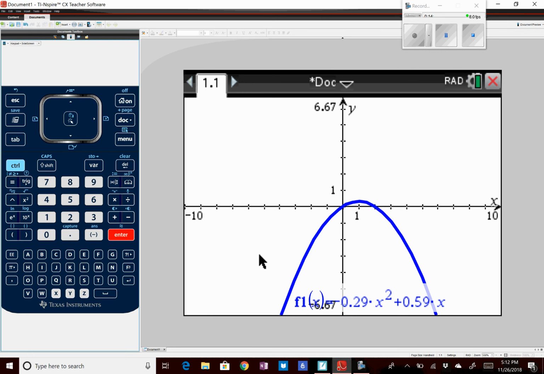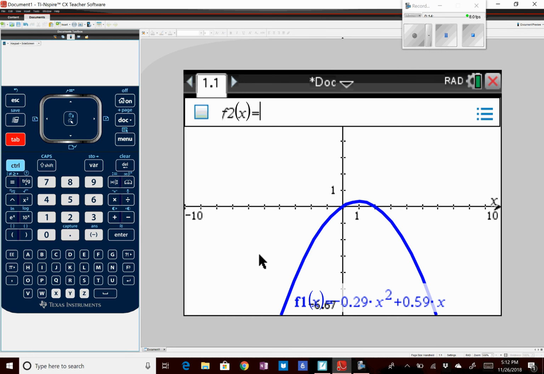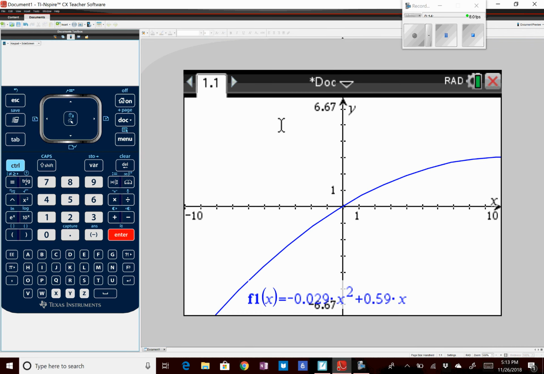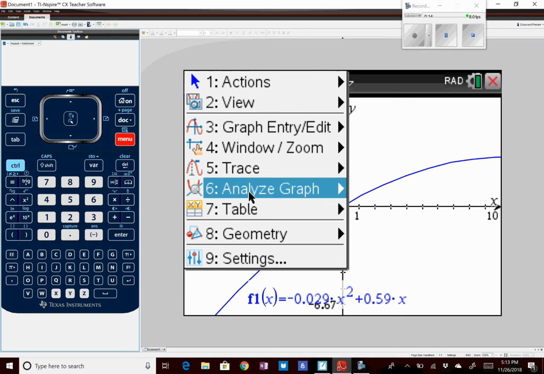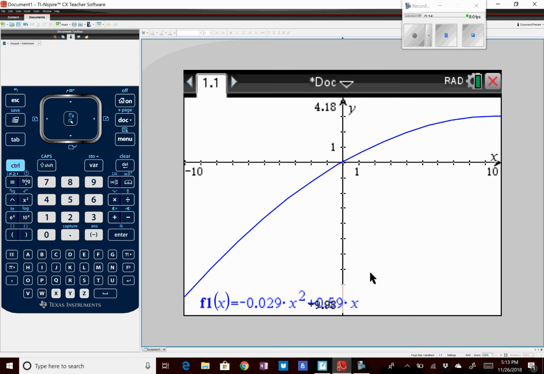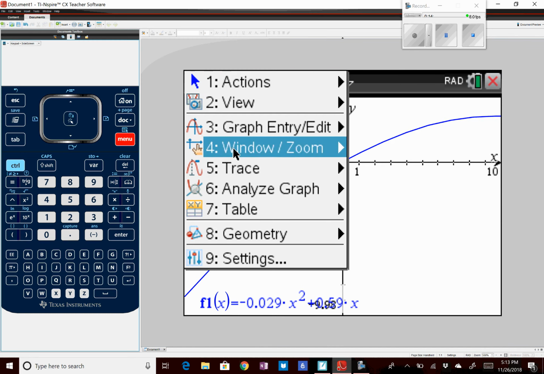It's 0.029. Hang on. So we need a 0 in there. Okay. Just have to adjust the window. So that's a window zoom. Do a zoom fit. And we'll have to zoom out a little bit.